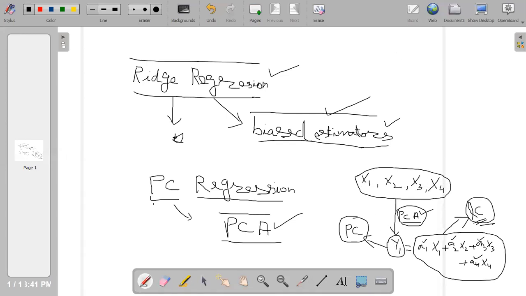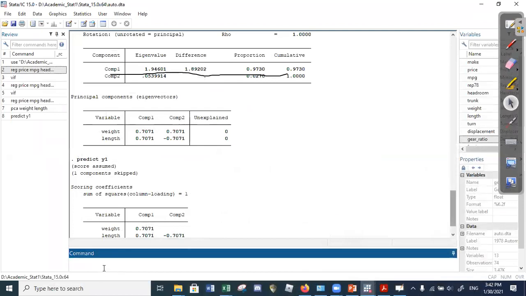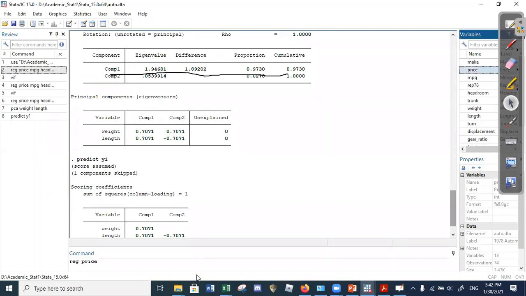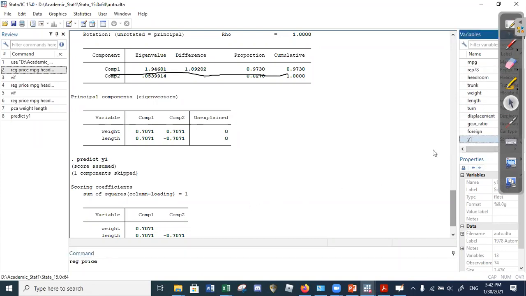So what we have done over here, the original variables weight and length, these two were actually highly collinear. So what we are doing, we are replacing them by y1. And the idea is, for example, if I just fit a model like this, reg price followed by, let's say, y1.